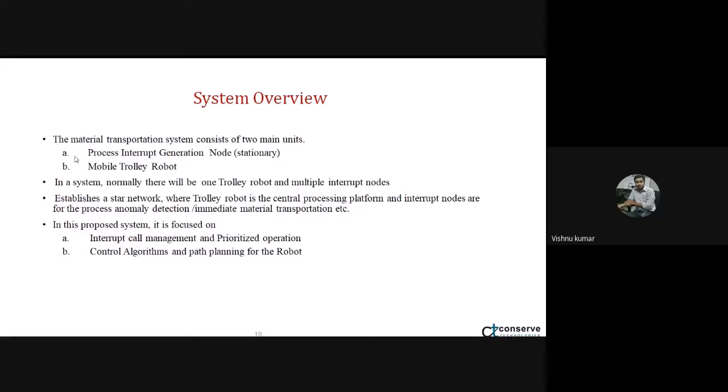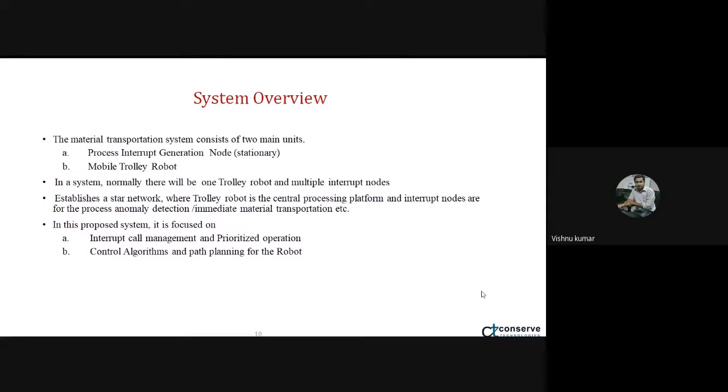First, the process interrupt generation node, which is nothing but a sensor node we have already discussed in the IoT scenario. Then there will be a mobile trolley robot, which is the sink node or the main router. If there is any further connectivity, this mobile trolley robot or sink node will communicate to the external world. In our case, there is no need for that.